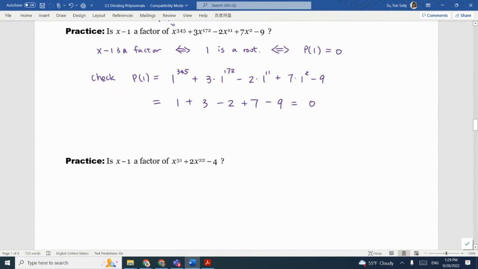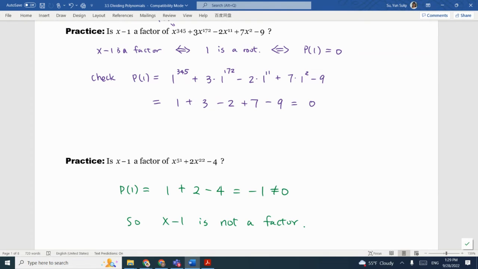So similarly, x minus 1 is a factor if and only if p of 1 equals 0. So what's p of 1? 1 to the 51 is 1, plus 2 times 1, which is 2, minus 4. What's that? Negative 1. Do you see it's not 0? So x minus 1 is not a factor.